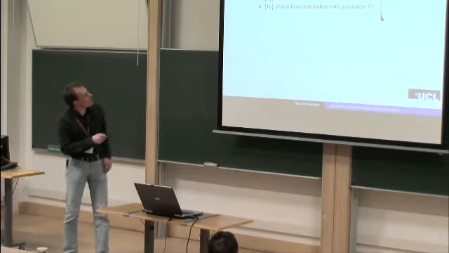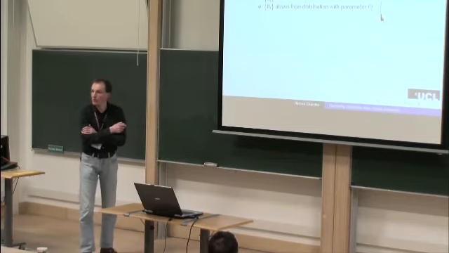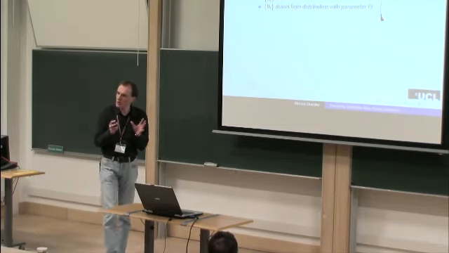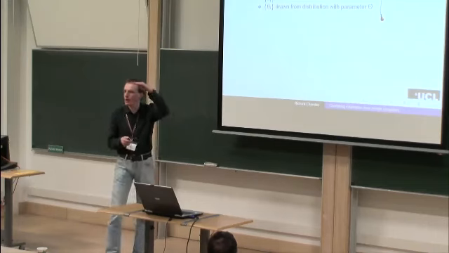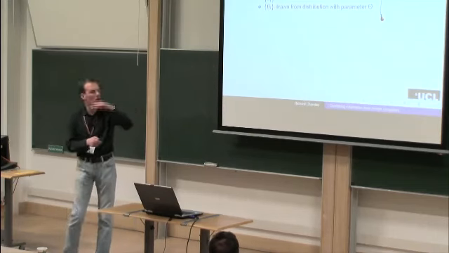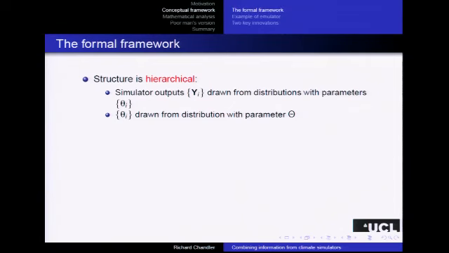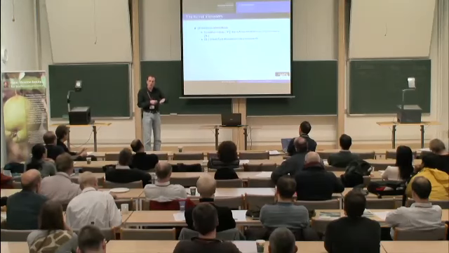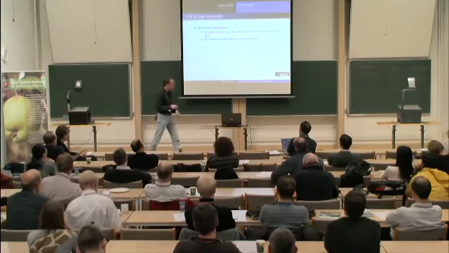This is actually a hierarchical model. Statisticians call this a hierarchical model because there is a hierarchy of levels of randomness. First of all, you've got the data, the y's, drawn from distributions with parameters theta. But the thetas themselves, from the different climate simulators, are subsequently also drawn from a distribution. So there are two levels of randomness there.